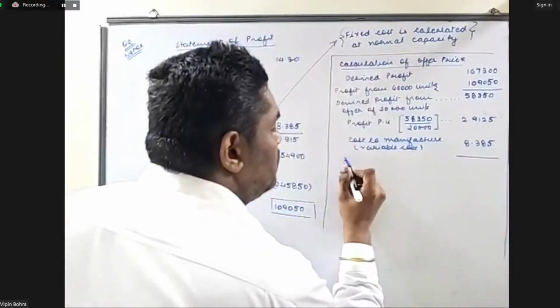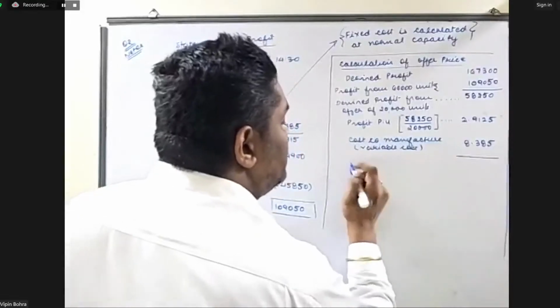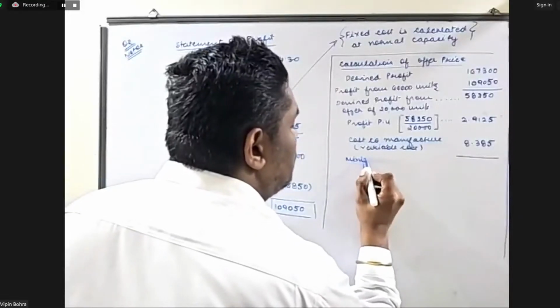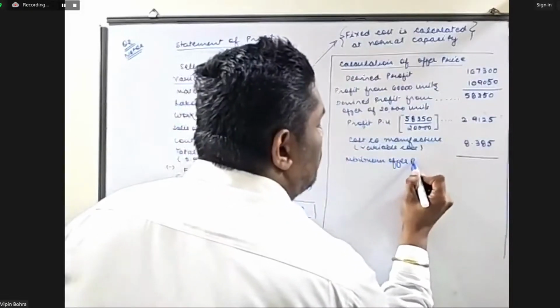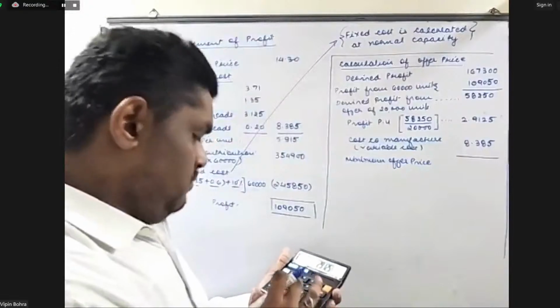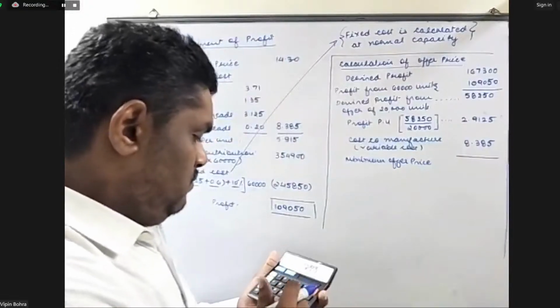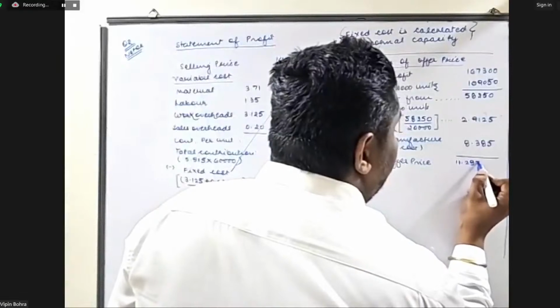So the minimum selling price, or we can say minimum offer price, should be 11.2975.